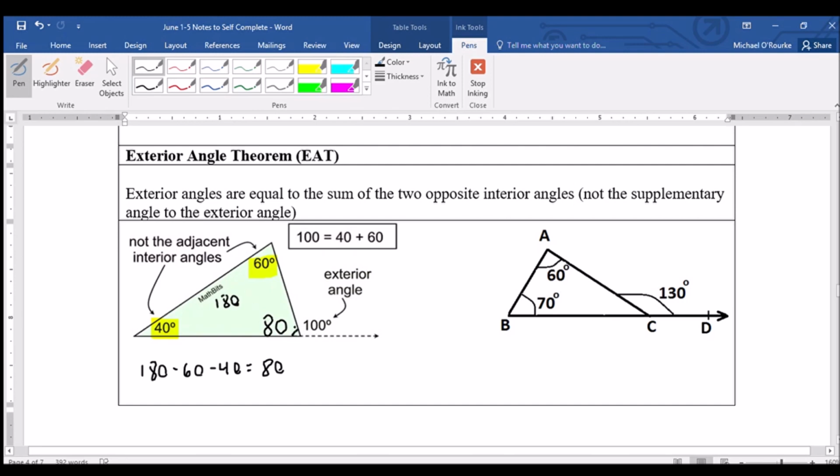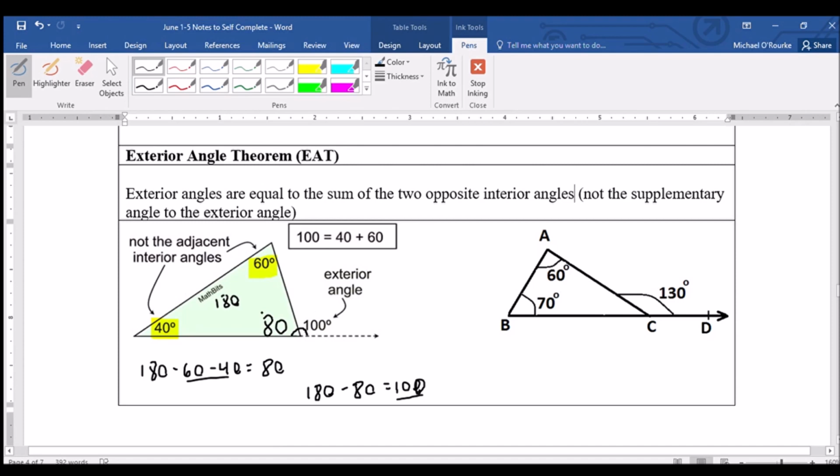But then if you think about it, this is a straight line. So 180 is a straight line minus 80 equals 100, which is also the sum of these two, right? Because if I go 180 minus 100, I'll get 80. So that's why that works.